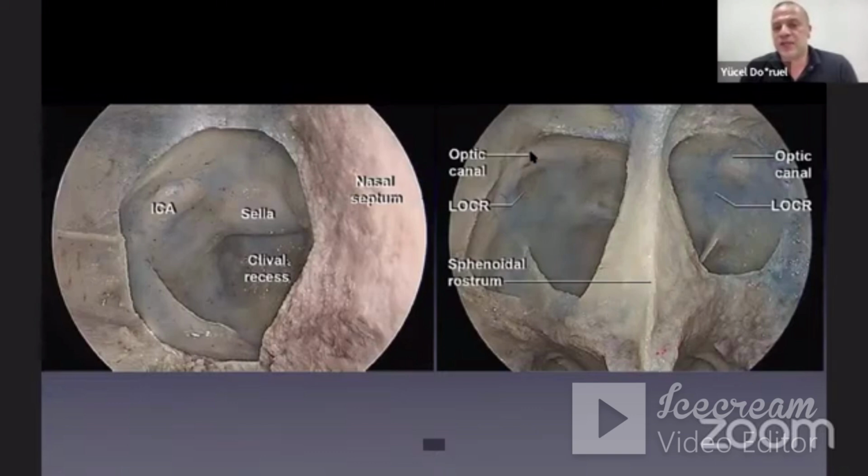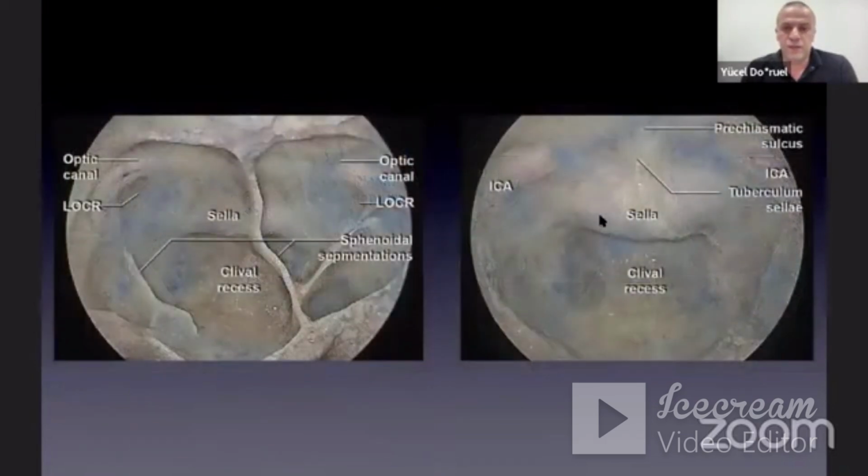can see here the optic canal and lateral opticocarotid recess. When we remove the rostrum, we can see bony laminas here, which are different in each patient. And in the lateral wall, the optic canal, lateral opticocarotid recess, and sella.